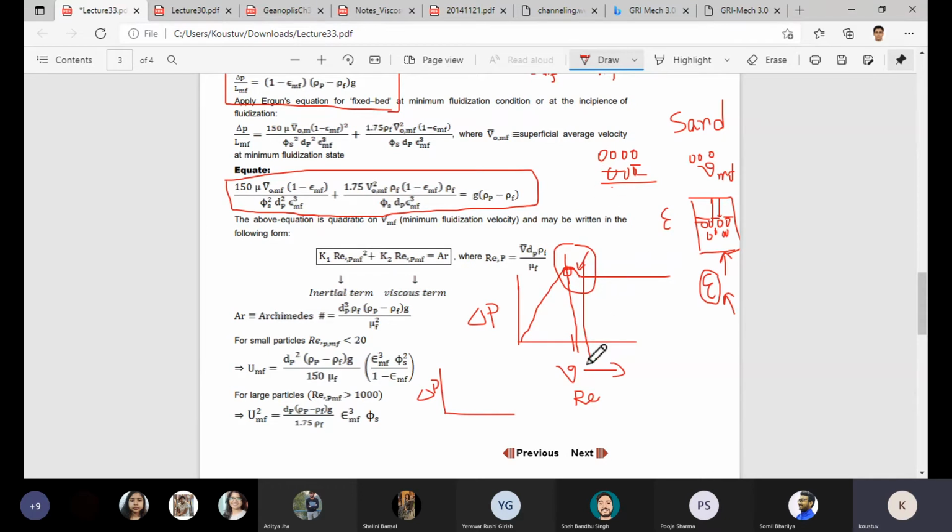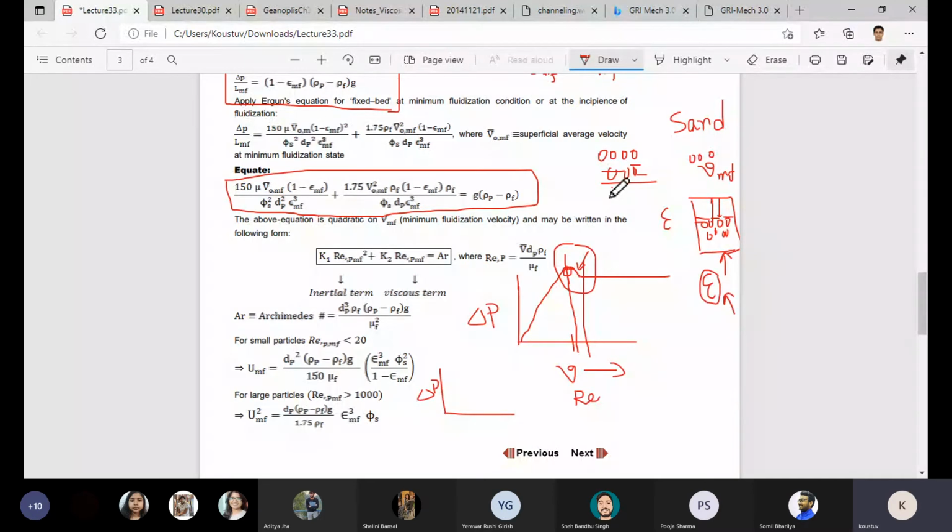Over a small range of V, when the bed is adjusting, at the first instant the first layer of particles will move, and others will remain static. At the very next moment the second layer, third layer, and in this way all the layers of the particles will move. When all the layers have started to move, after that there is no more change. That means we call the fluidization totally achieved.